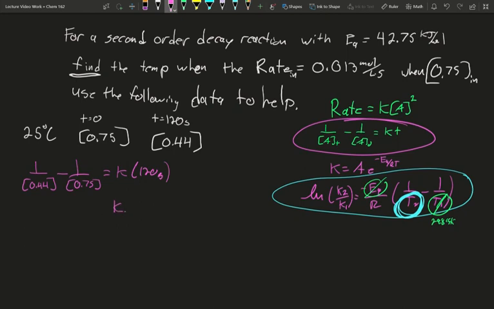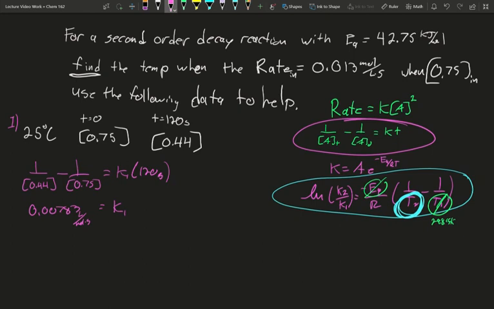Solve for that K, which we're just going to call K1 because it's from our data for 25 Celsius. So that'll be run 1. Well, 1 divided by 0.44 minus 1 divided by 0.75, divided by 120. We'll solve 0.00783 liters per mole per second.